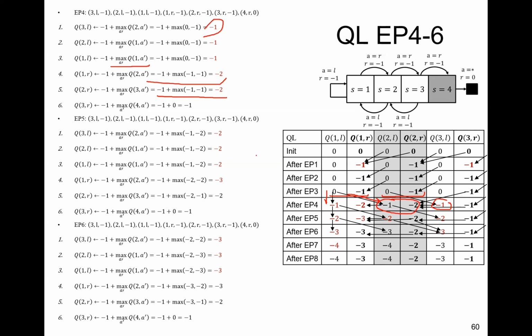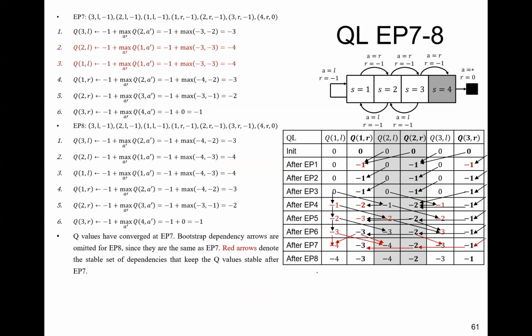So the sequence of updates from episode 4 to 6 gets you these values. Then an additional episode 7 gets you these values, and after episode 7, it has converged. The red arrows indicate the set of dependencies that determine these stable values.